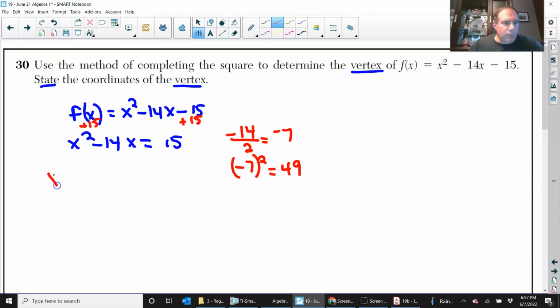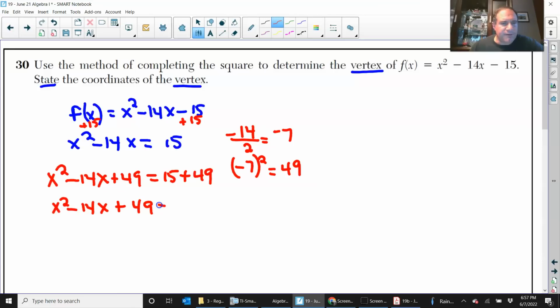So once you go back, you have x squared minus 14x plus 49 equals 15 plus 49. So I'm just going to rewrite this: x squared minus 14x plus 49 equals 15 plus 49 is 64.